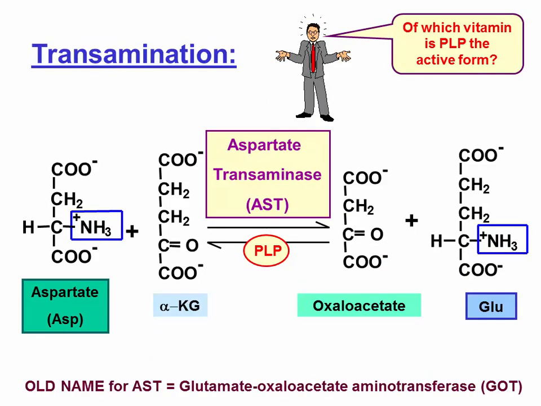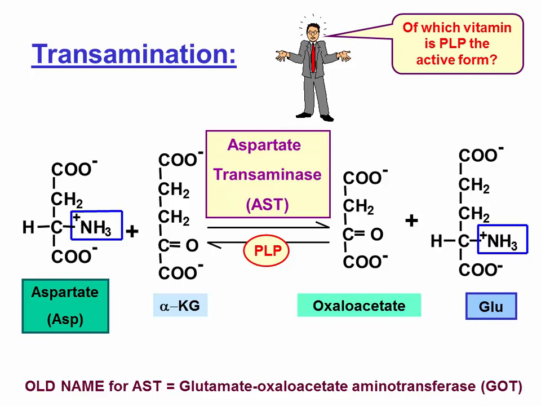It's vitamin B6. If you ever get to look at the biochemistry of it, it's a very cool way that vitamin B6, as pyridoxal phosphate, gets involved in transferring the amino group. It takes the amino group and transfers it to the other alpha keto acid.